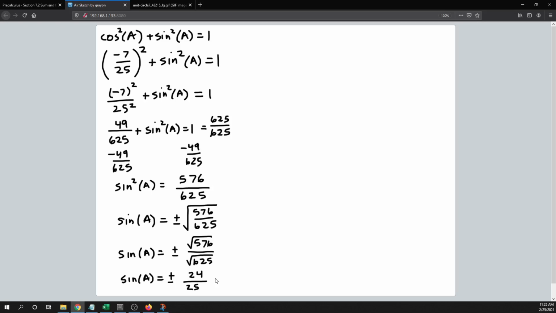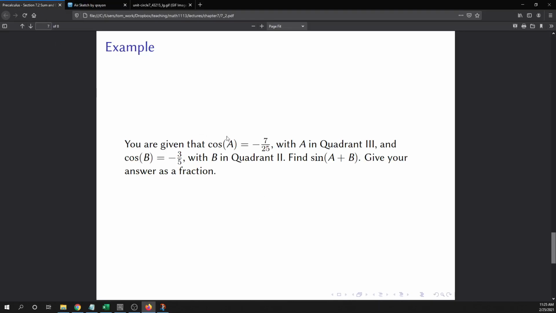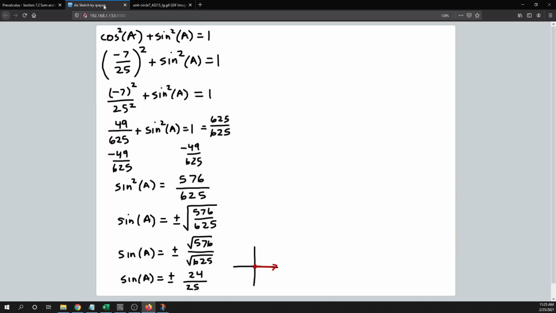And the way that you pick one is by drawing the angle out. So here is our angle in standard position, like so, and we are given that the angle A is in quadrant 3. So quadrant 3 is this quadrant down here.